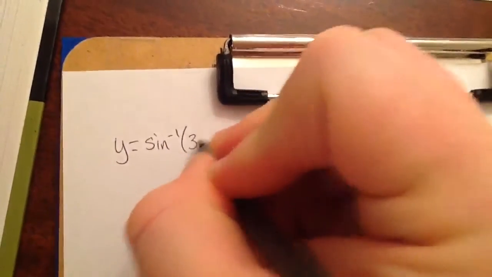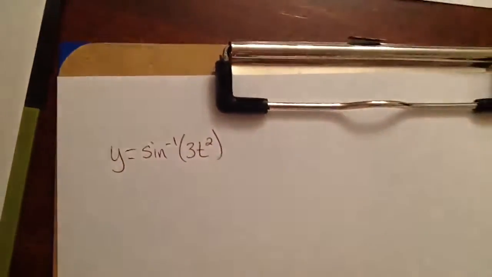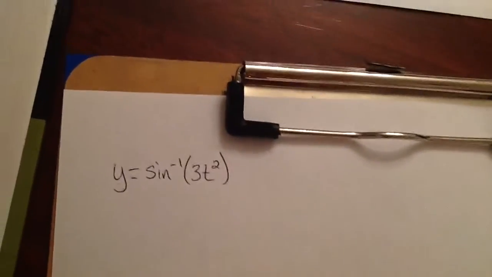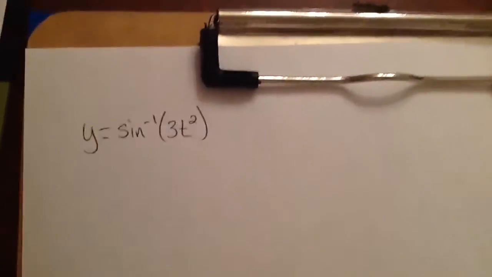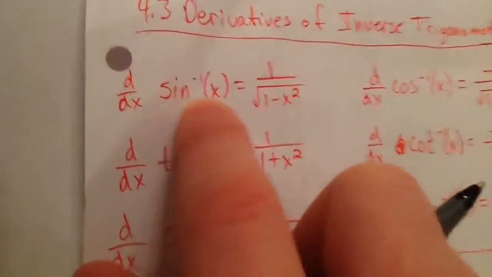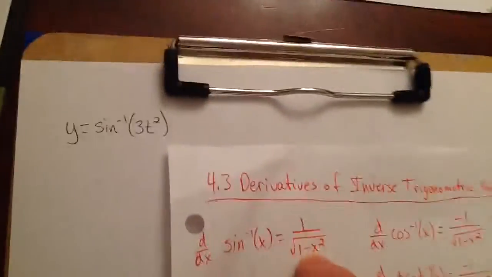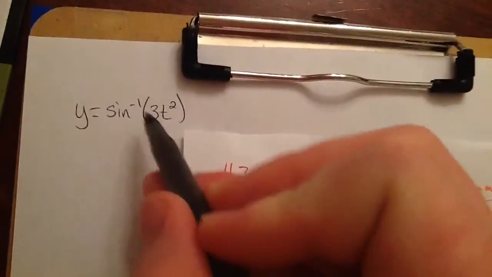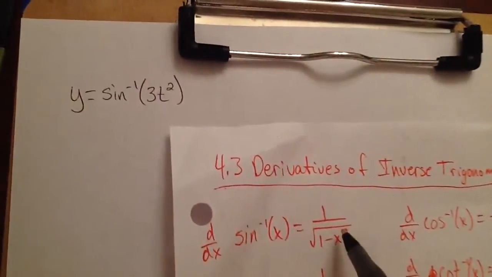So your one example would be something like y equals the inverse sine of 3t squared. And if you want to find the derivative of that, well, obviously, you gotta know these. You might be tempted to just write 1 divided by the square root of 1 minus whatever that thing in parentheses is, squared.